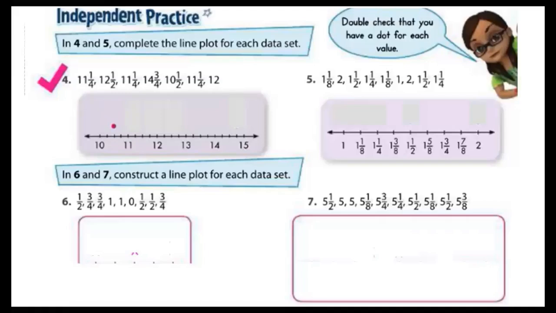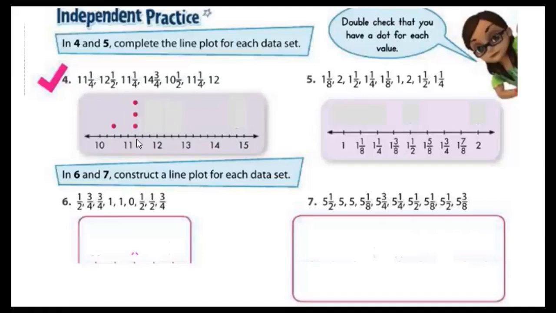So I'm going to draw just 1 bolded dot over what? Over 10.5. Okay, now let's move to a larger value, which is 11.25. Yes, I heard you. 11.25. I think it's repeated more than 1 time. Let's count them. 1, 2, 3.